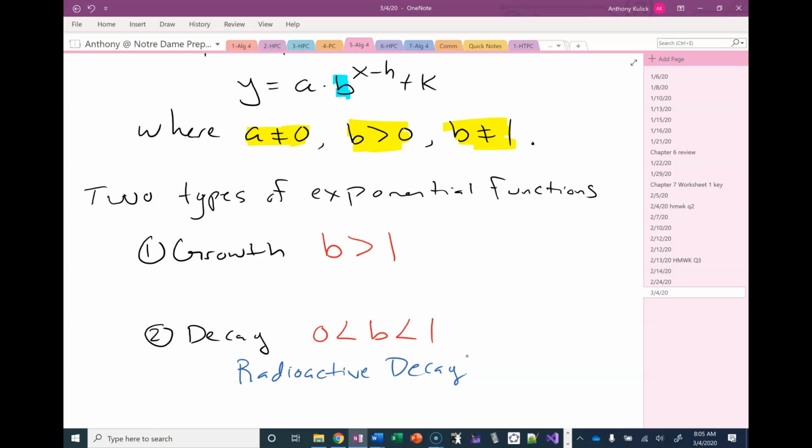Growth, examples of growth. How many of us are in a biology class or have taken one recently? Okay. So what's a thing in biology that might grow exponentially? Anybody with a guess here?